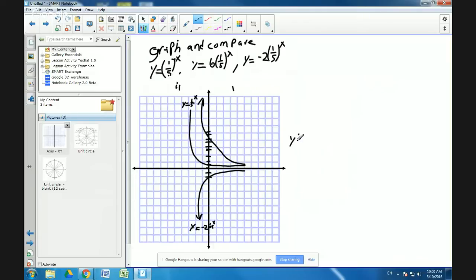So our parent y-intercept is going to be 1, our second is going to be 6, and the last will be -2. So these three numbers affect how the graph is going to be made. It doesn't change if it decays or not. It just decides the direction on the y-axis and the y-intercept.